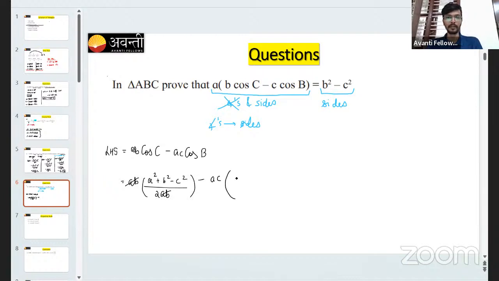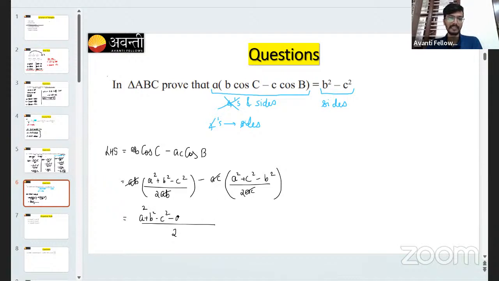Minus AC cos B; what was cos B? A square plus C square minus B square upon 2AC. AC and AC got cancelled. In the denominator, 2 is the LCM. So in the numerator I'll be left with A square plus B square minus C square.